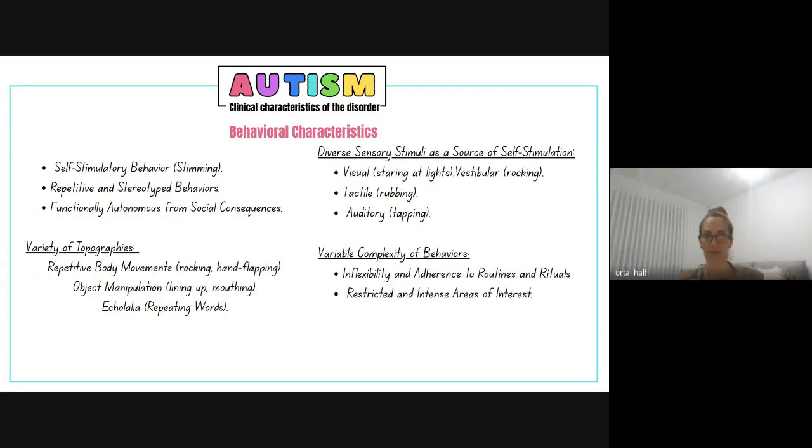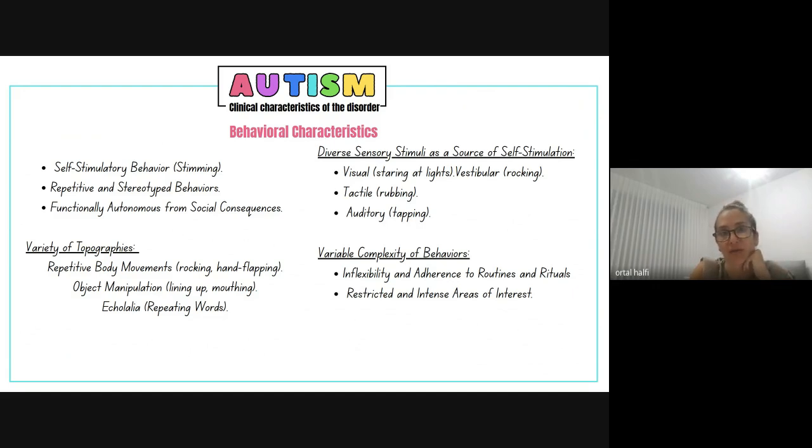Okay, behavioral characteristics. There are three main characteristics: self-stimulatory behaviors, stimming, repetitive and stereotyped behaviors functionally autonomous from social consequence, and there is a variety of topographies.